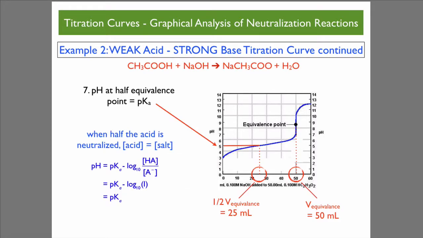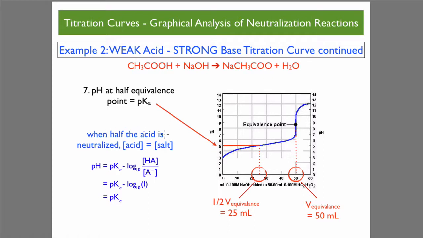Like I just said, if you want to find the half equivalence point, you'd follow the straight bit straight down to get the volume added at the equivalence point. It's 50, half it, you get 25. You go straight up till you hit the line, go along, and you'd find the pKa, which is the pH at half equivalence point.